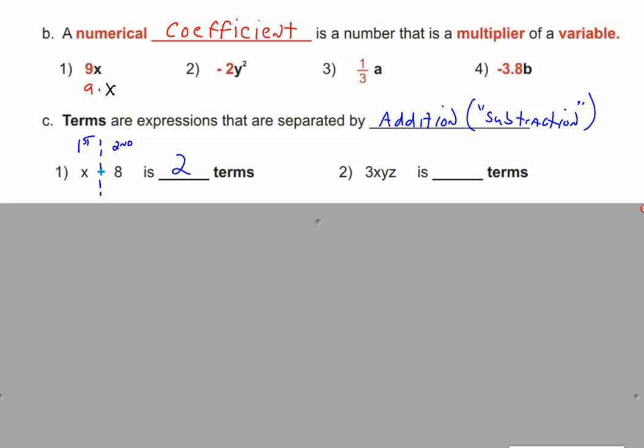Okay, so let me help you. Let me debate the cause on this one. Terms are expressions that are separated by addition. The invitation's open. Anybody want to convert? Let me see your hand if you want to convert. What are you converting to? 0, 0, 1, 1.